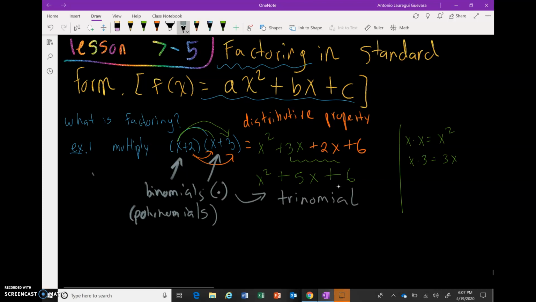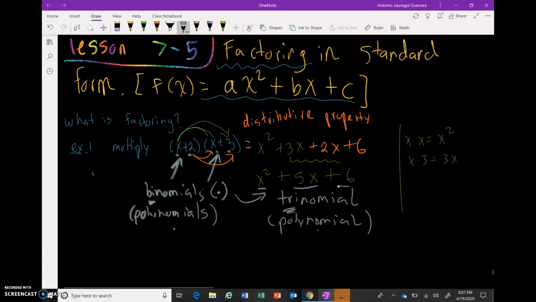It's a trinomial because we have 3 terms, hence the word 3, and binomial because we have 2 terms in each one. We multiply binomials and we get trinomials.